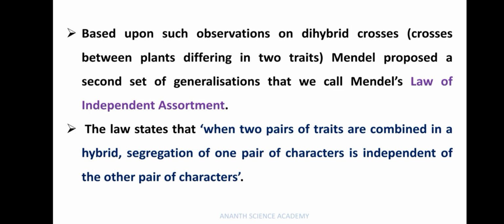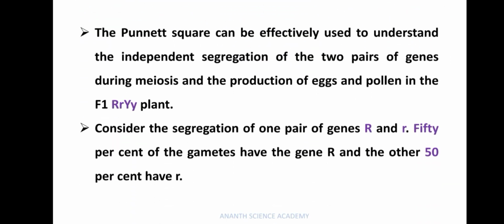The Punnett square can be effectively used to understand the independent segregation of two pairs of genes during meiosis and the production of eggs and pollen in the F1 capital R small r, capital Y small y plant.